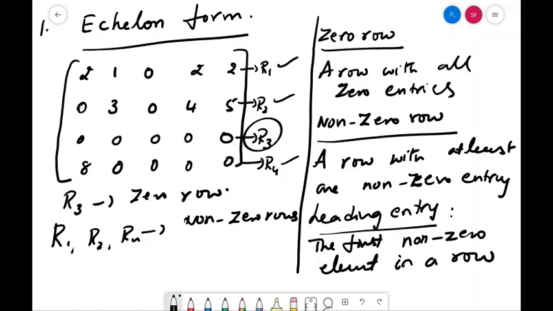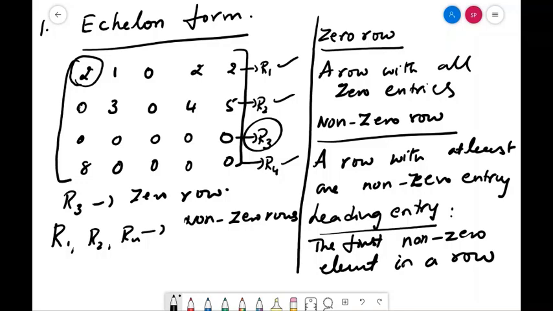So if I take the first row, what is the first non-zero entry in this? This is first row, first column element 2. So 1 is not a leading entry because it is not the first non-zero element. 2 is already the first non-zero element. So these others are not leading entries.